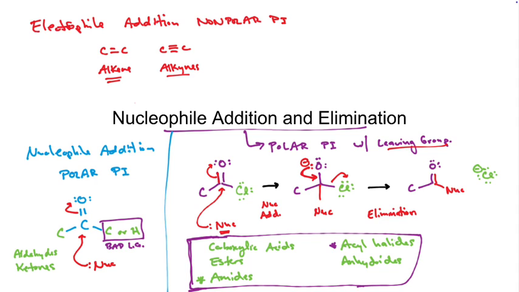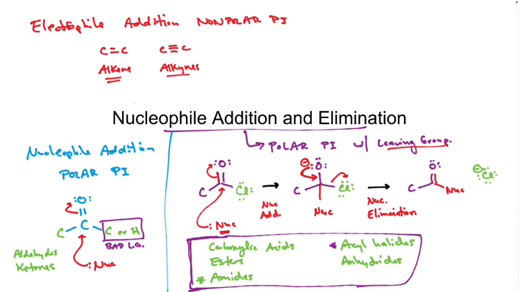It's a nucleophile, which is why that mechanistic step is a nucleophile elimination, which is why this general class of reactions is known as nucleophile addition and elimination. Or you'll hear it nucleophile addition elimination. We just drop the and altogether because the addition and elimination stack very quickly on top of each other.